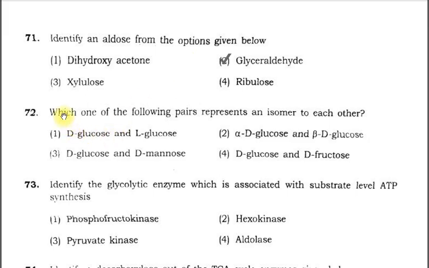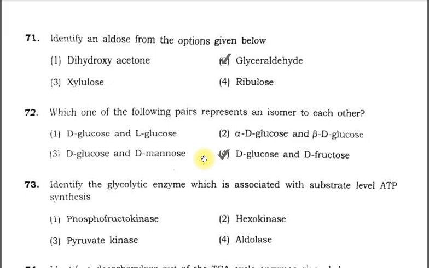Question number 72. Which one of the following pairs represents isomers of each other? Number 1, D-glucose, L-glucose. Number 2, alpha D-glucose and beta D-glucose. Number 3, D-glucose, D-mannose. Number 4, D-glucose and D-fructose. The correct option is number 4, D-glucose and D-fructose.